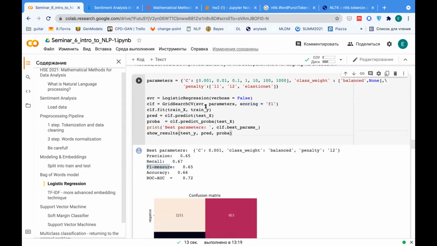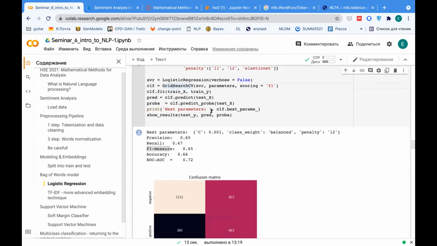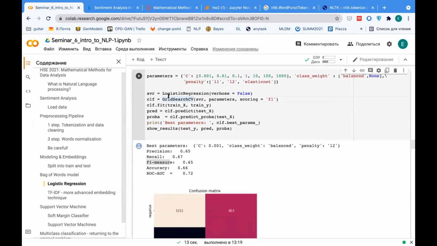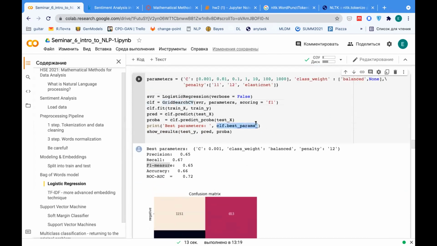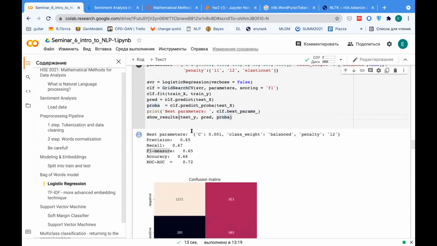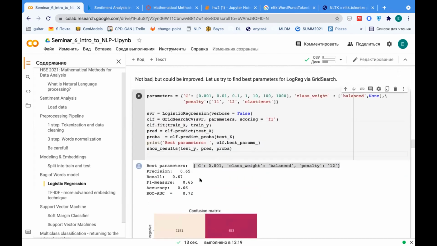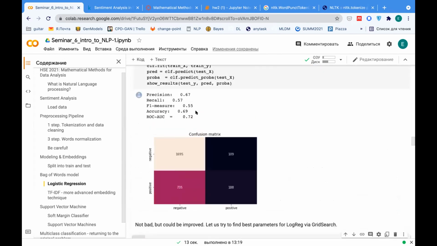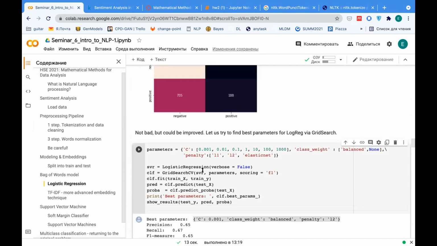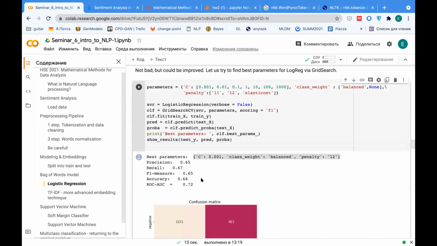So we'll try to choose the best model with some parameters from the list using grid search, and our grid search will return our best parameters, and we can see that they are like this. And we can see that all the metrics are a bit better. So they were like this, and here, like here.